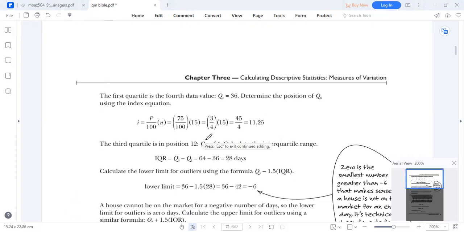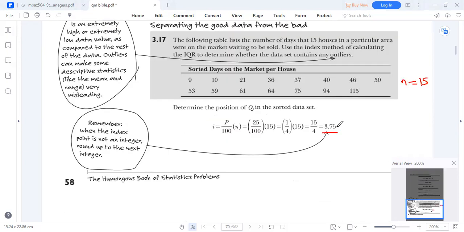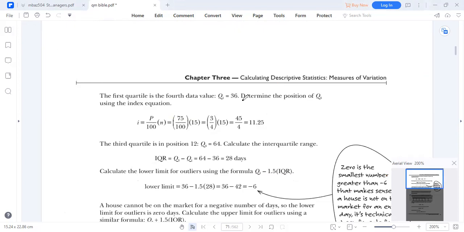So 3.75 becomes the 4th position. Fortunately, they're already arranged. So 1, 2, 3, 4. So our Q1 is 36. Who found the 36? I did. 36, yes.